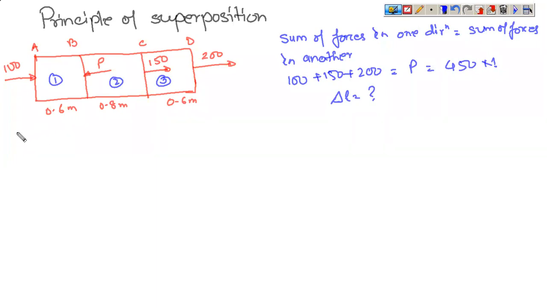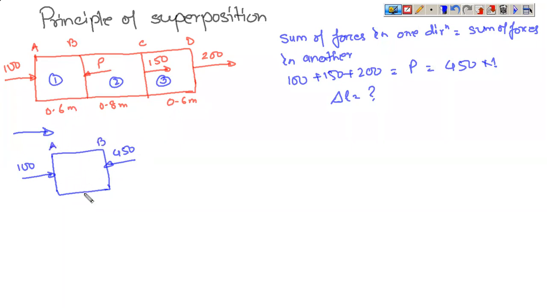So let us say that as customary, we'll be solving the problem from left to right. So to solve the problem from left to right, what you do is you isolate AB. If you isolate AB from the system, this is 100 and this is 450. This is the location of forces if you isolate AB.